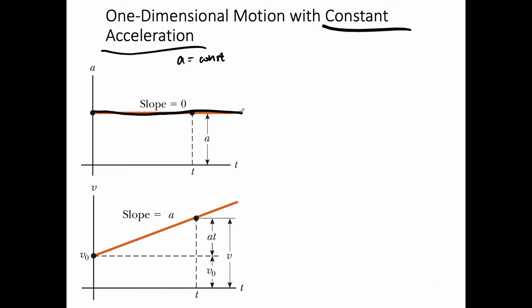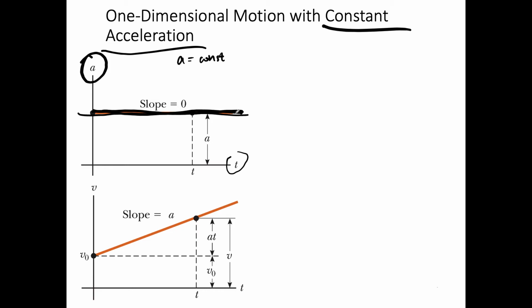If you draw acceleration versus t, in the acceleration versus t plot, we should have a line that is parallel to the t axis, because a should be a constant. It doesn't change at any point. And then a is fixed.